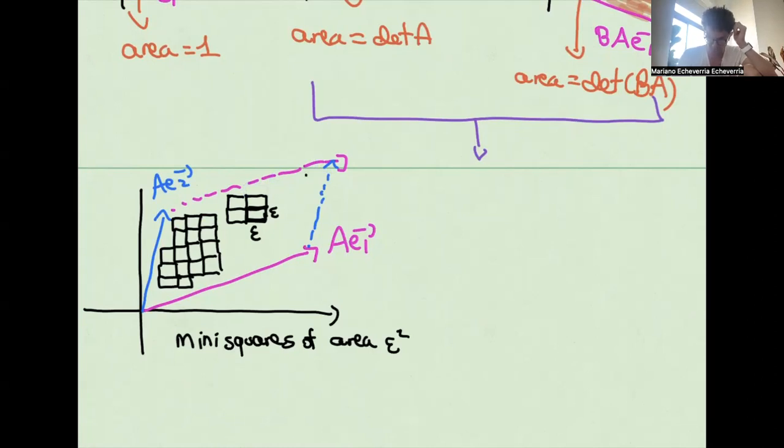But the idea is that the more squares you use, the smaller they are, and the stuff that you are not able to cover of the parallelogram gets smaller and smaller.